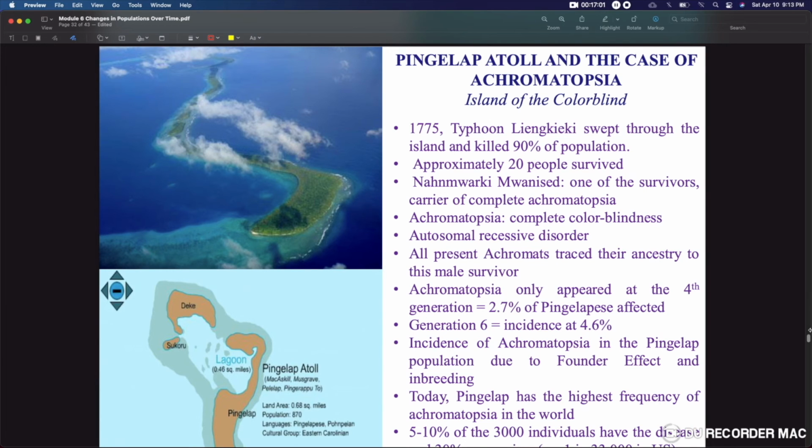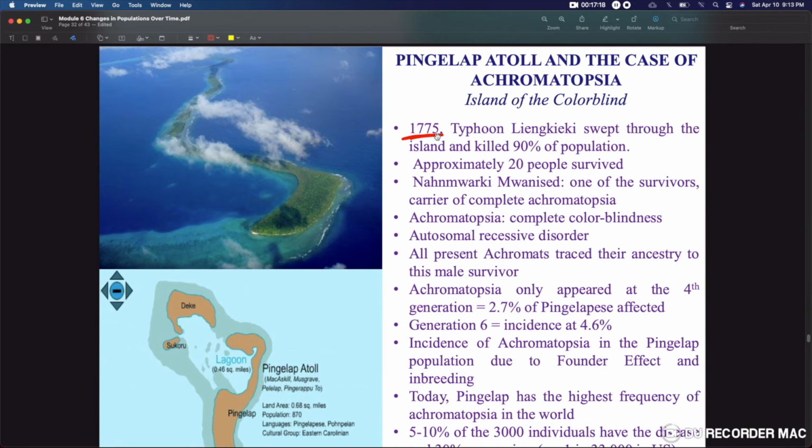Okay, so the Pingelap Atoll is an extreme case of the presence of achromatopsia or color blindness, because back then in 1975, the atoll experienced a typhoon.